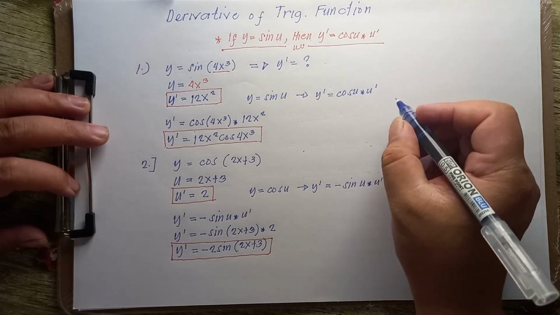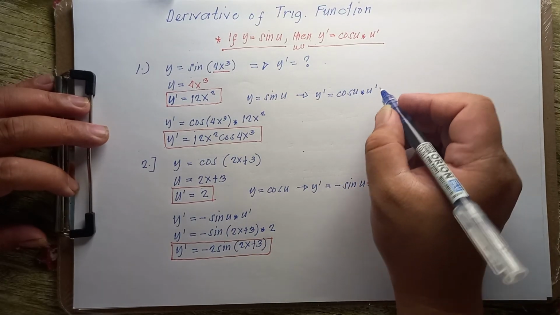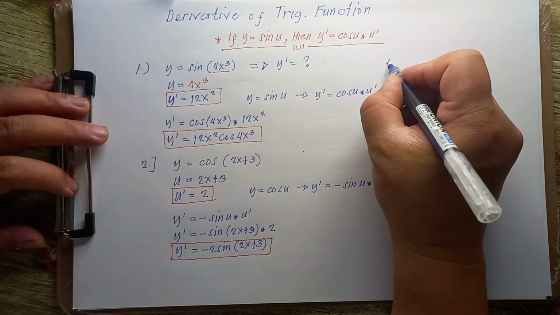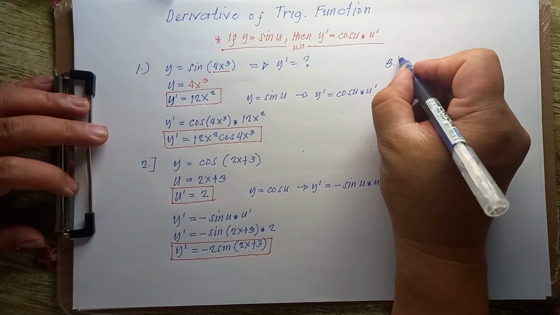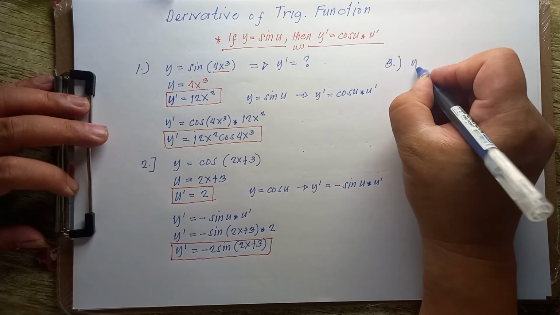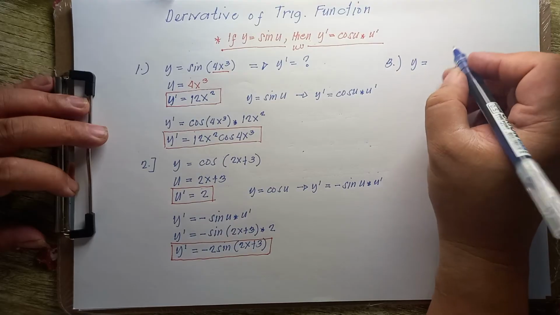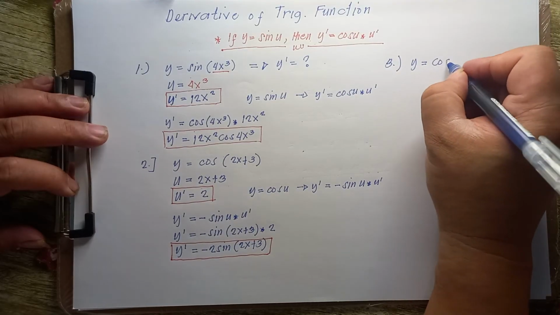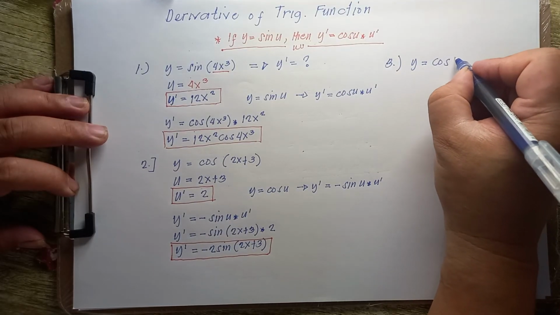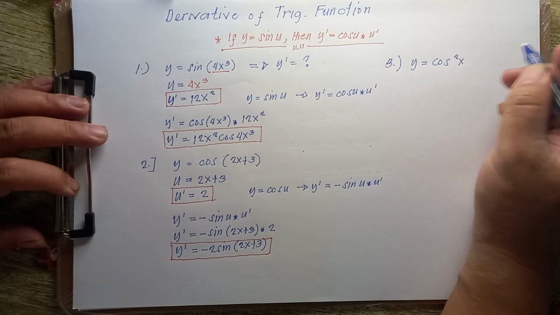So our number 3 problem, may I write it here? Number 3. So we have in here y is cosine squared x.